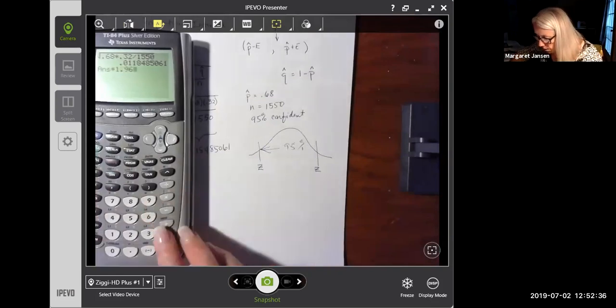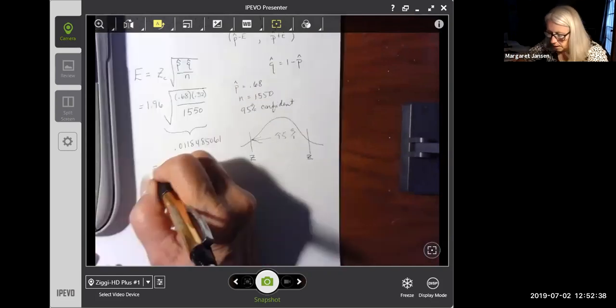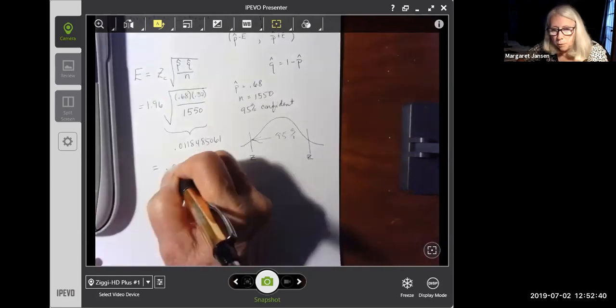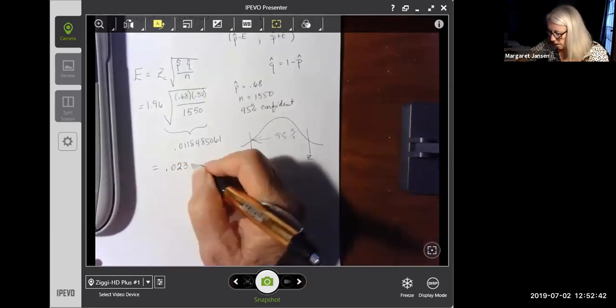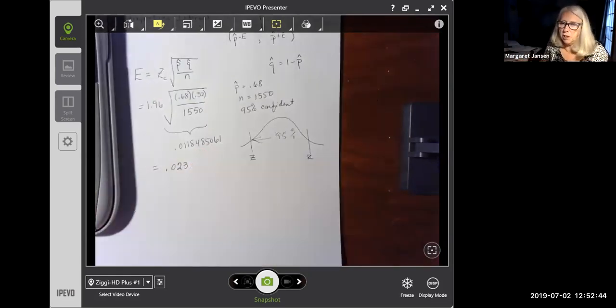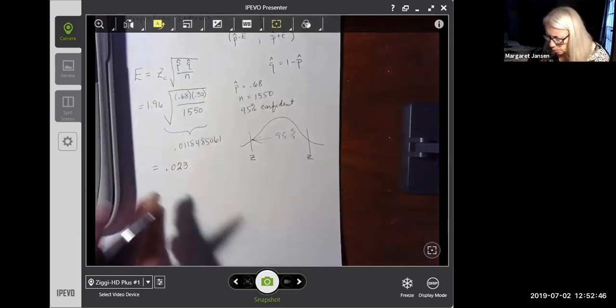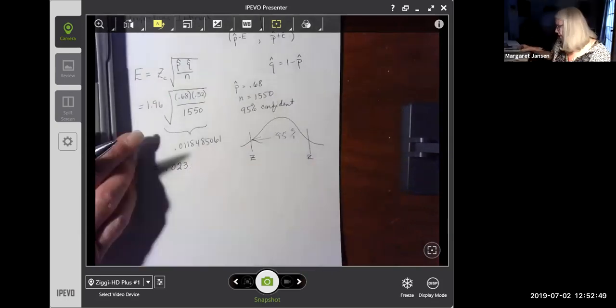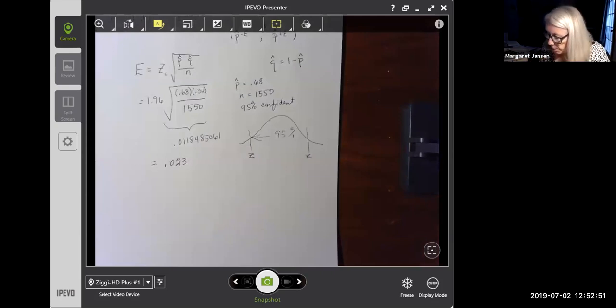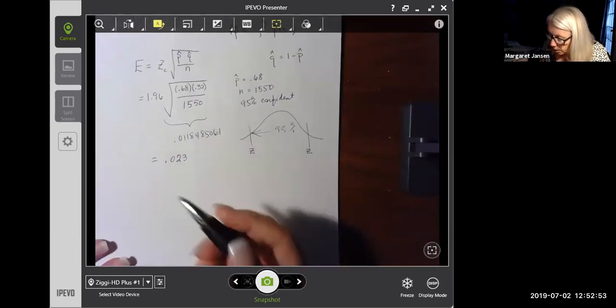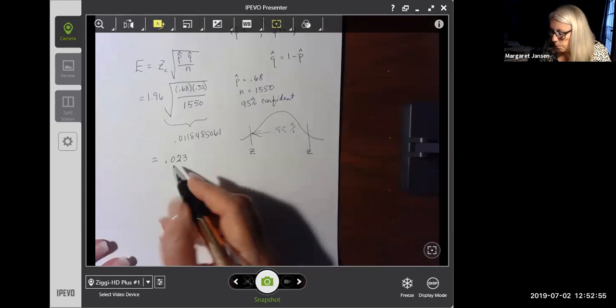Okay, so that is 0.023. Most of the time we just go to 3 decimal places. It was 0.023072, but this is close enough. Notice that is 1 more decimal place than p hat went to. That's kind of customary, to go 1 more than the estimator.